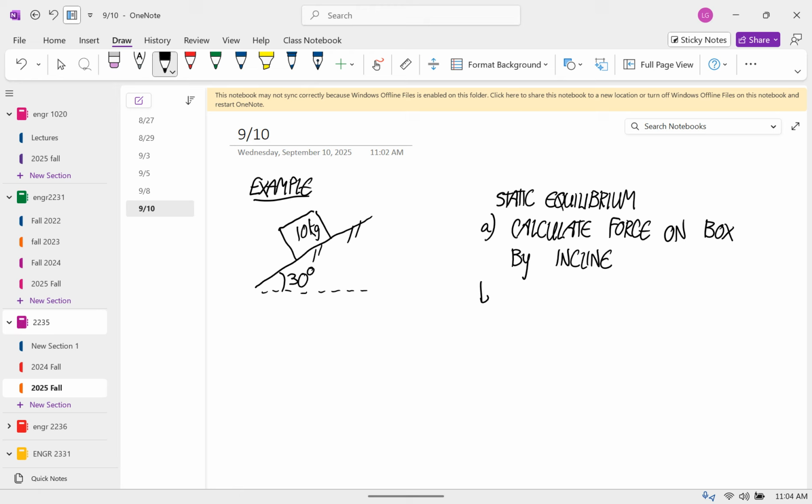And second, we want to calculate, so we'll break up that force into normal and friction components.